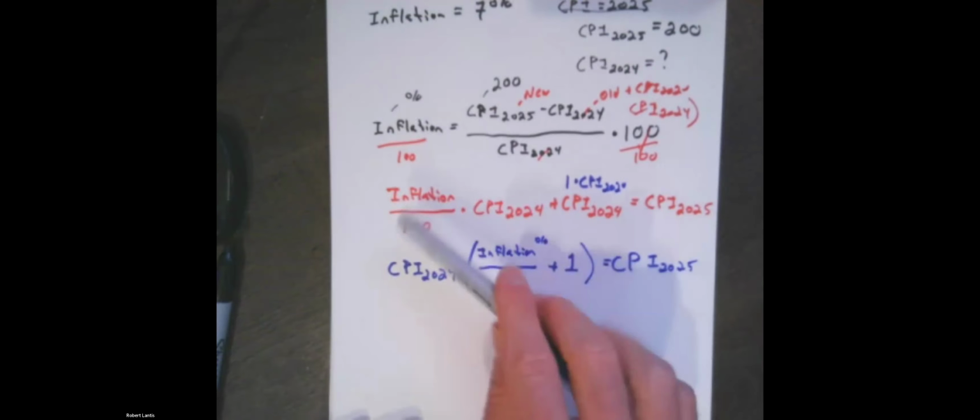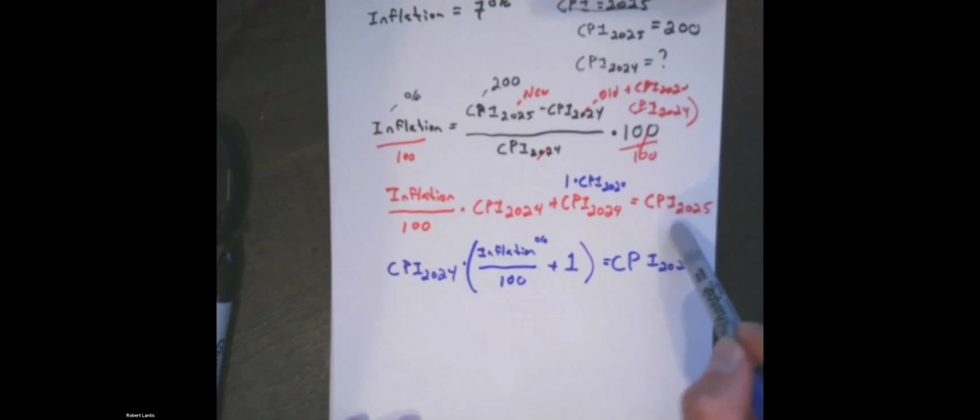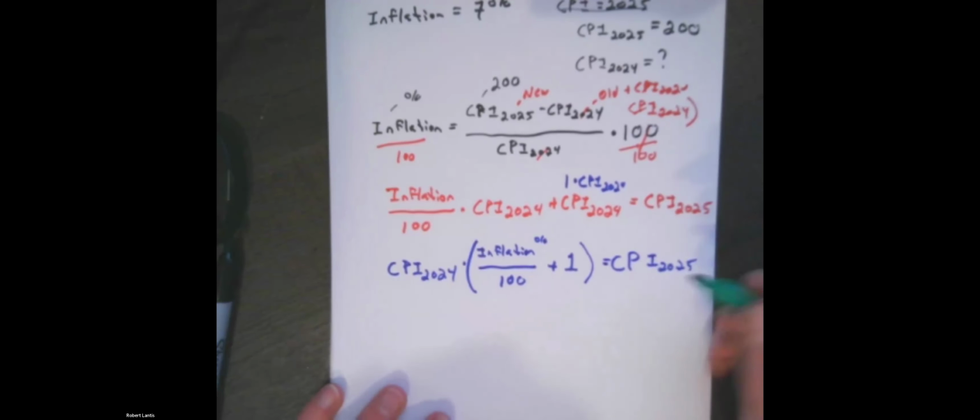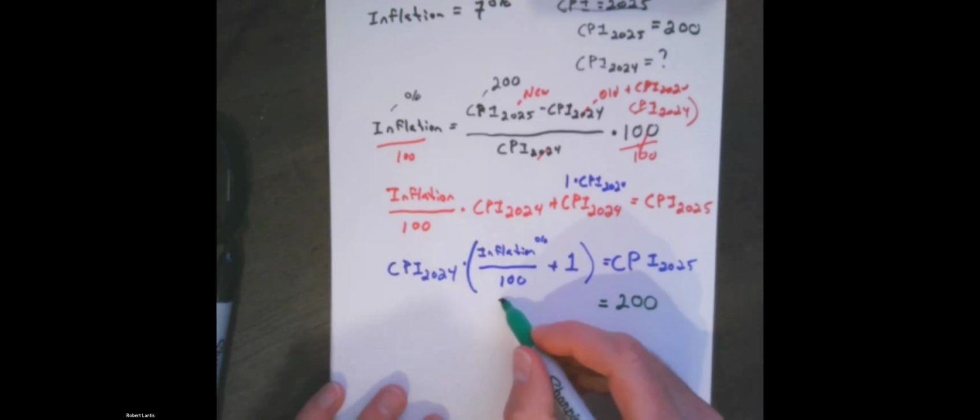Now, once again, it might be easier, with this form of the equation, to plug my numbers in first. So then I'm dealing with 7 here, and 200 over here. Once I have this form of the equation, now it's just a matter of plugging in my values. I know that this was 200. I know that my inflation rate was 7%.